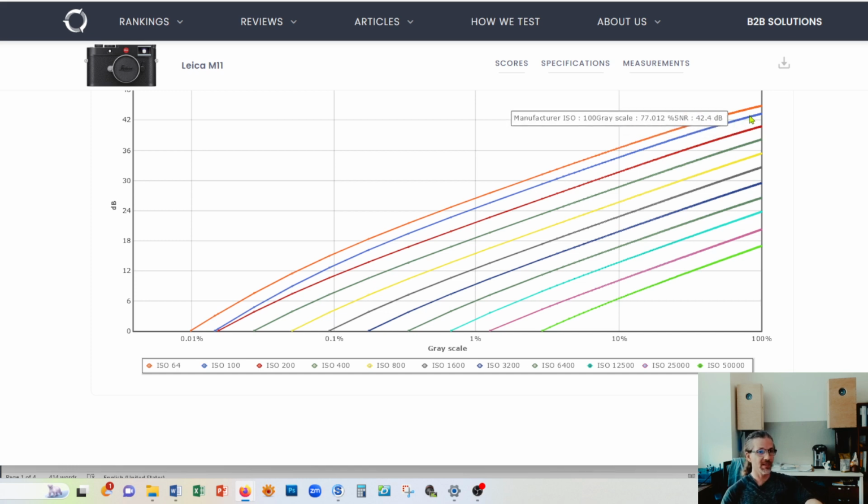So basically what I did is I made a little table. I read out values at 98% grayscale, 20% grayscale and 2% grayscale, because these are three values.